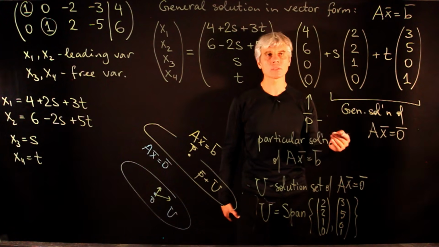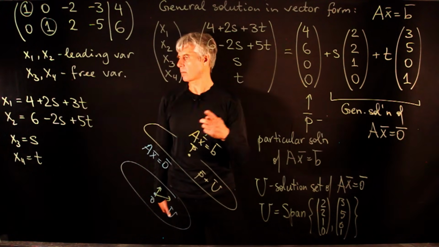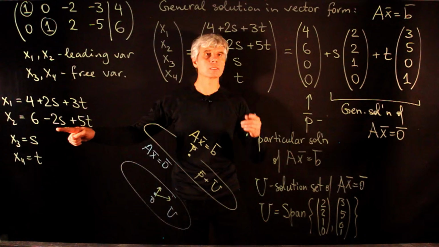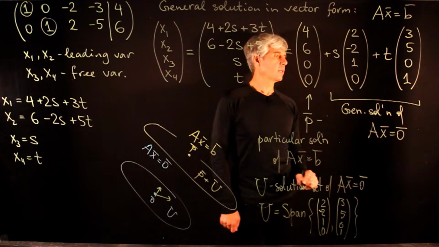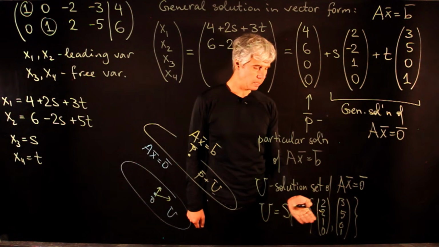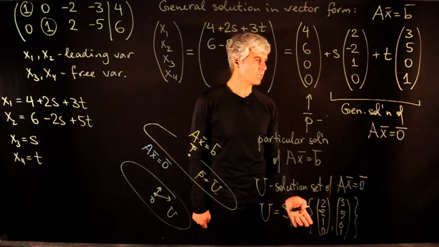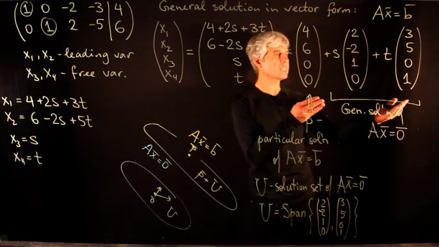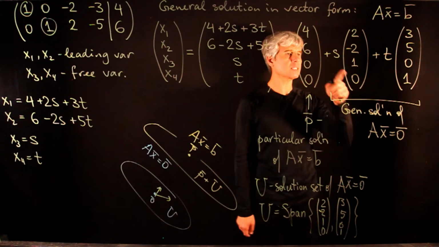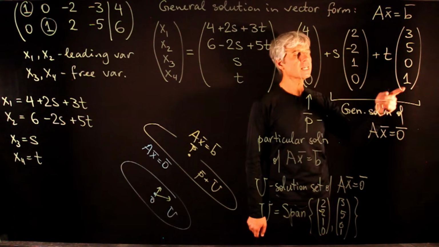The span of these two vectors, well, there is something wrong here. It's minus 2s, so this is a minus here. So the span of these two vectors is the set of all possible linear combinations of these two vectors. But that's exactly what is written here: s times the first vector plus t times the second vector.